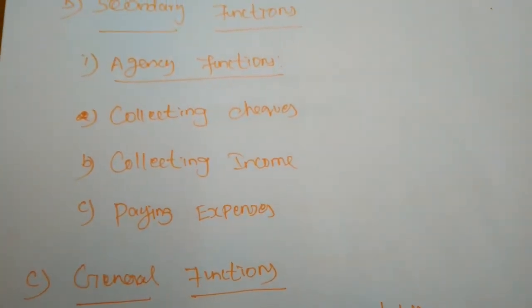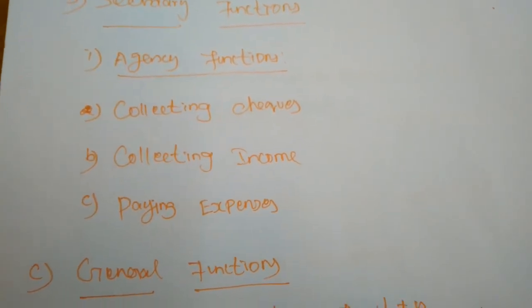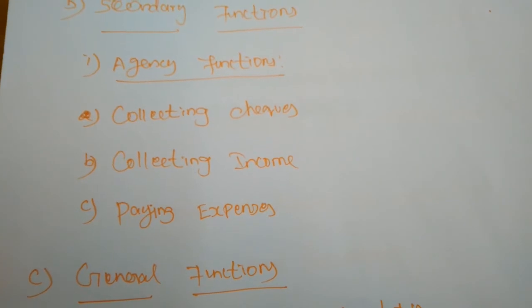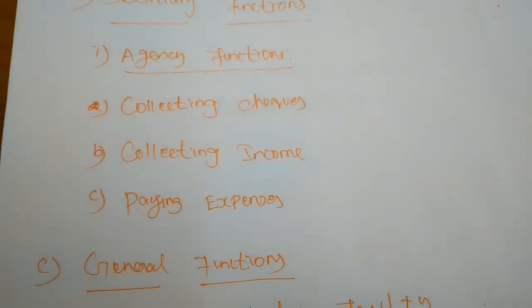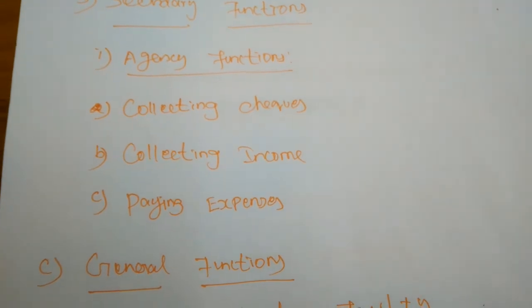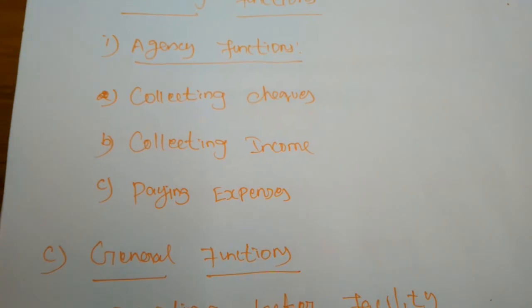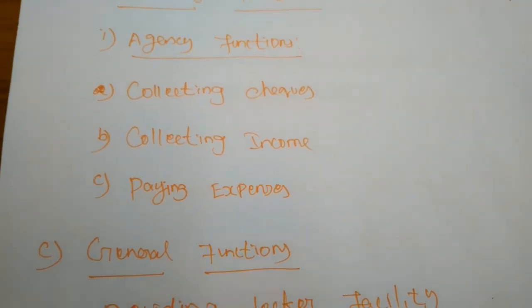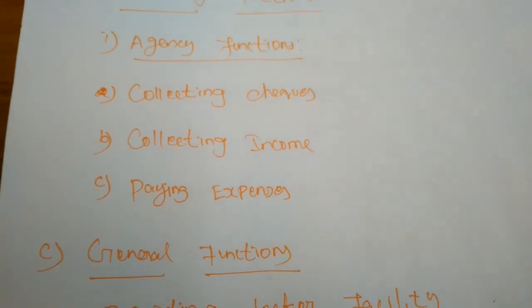But without cash, we can use credit cards, ATM cards, debit cards and different types of plastic cards. Even without having the cards and cash, the commercial bank will do the same work, paying expenses.